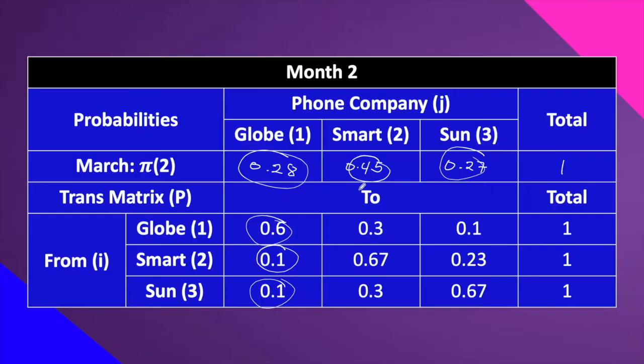Next, for M sub 2, sum product of M sub J of the previous month and the P sub I2. Saan yung P sub I2? P sub I is ito, and 2 is this column. So, meaning to say that is 0.28 times 0.3.